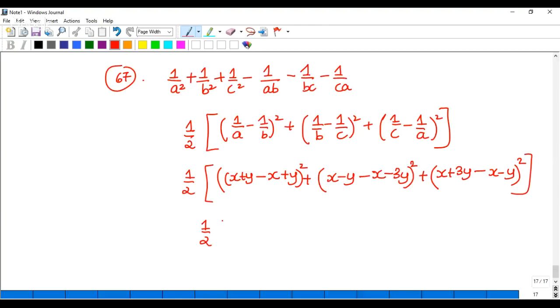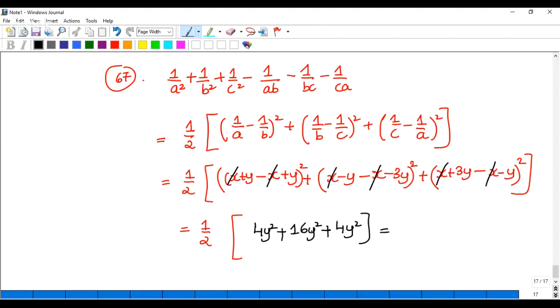So this is 1 by 2 times of, x gets cancelled throughout. This is 2y whole square, which is 4y square, plus 4y whole square, 16y square, plus 2y whole square, which is 4y square. The total of 24y square by 2 is 12y square.